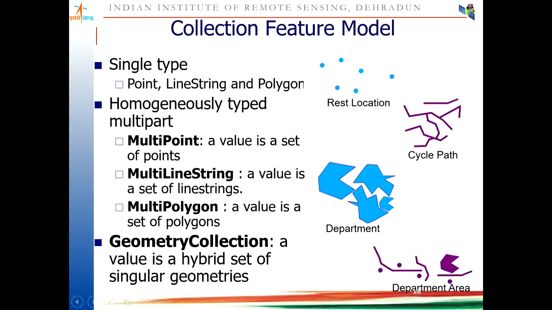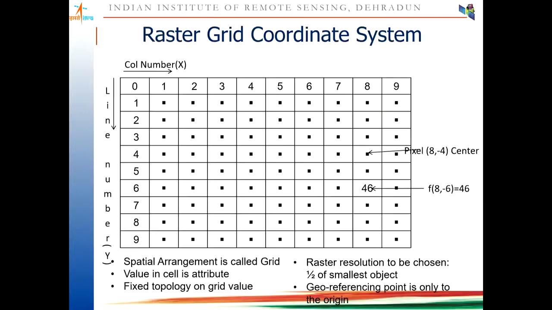So we can call it a particular departmental area which will have a few landmarks, buildings, and paths. All of them can be grouped together. So this is basically a heterogeneous geometrical collection. OGC provides a data structure where such heterogeneous geometrical collections can also be represented. So that was basically the vector data representation.